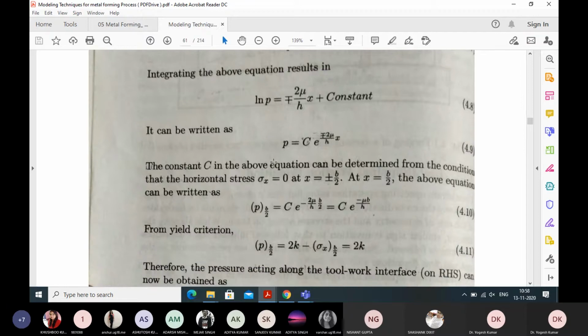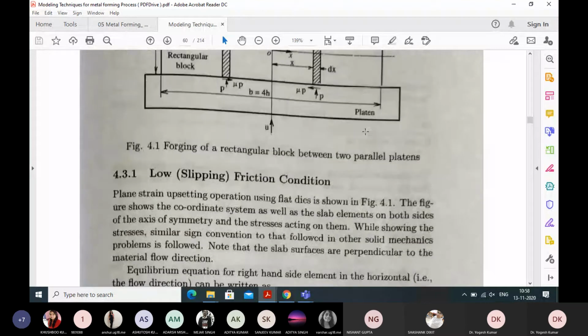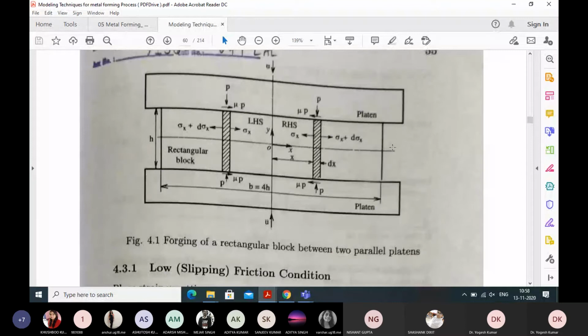Now let us come to your original diagram, which was here. If you see here, this is your x equal to 0 and y equal to 0. If we move to the right hand side, this value will be b/2 at the extreme end, and in the left hand side, this will be minus b/2. So the value of x will vary from minus b/2 to plus b/2.